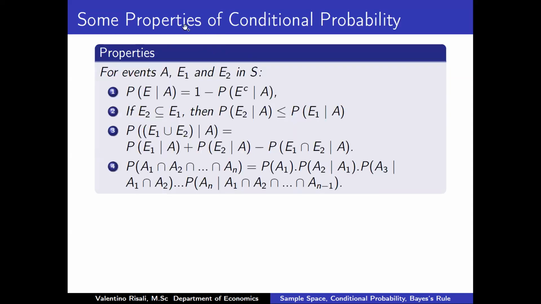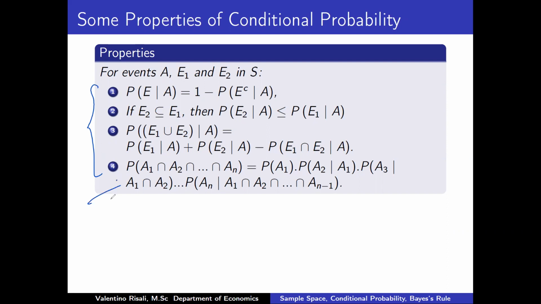Like the definition of probability by axioms, the conditional probability also has several properties, which are listed in this box. The first one is similar to the previous property set, and for number 4, we can compute the probability of the intersection A1 until An with this formula.